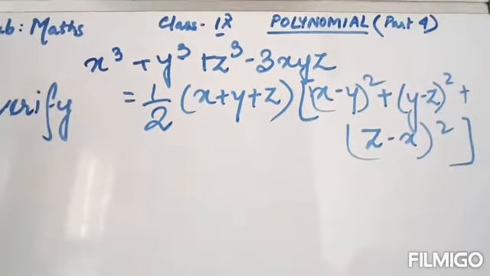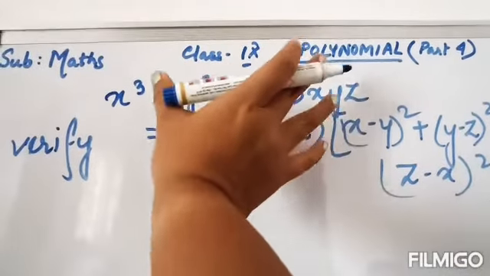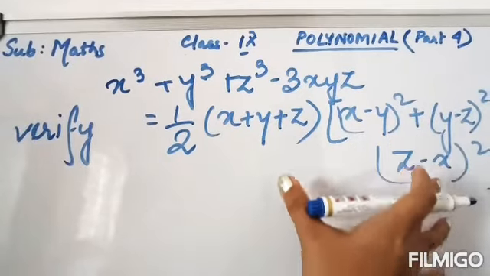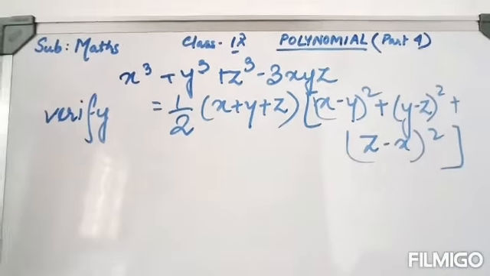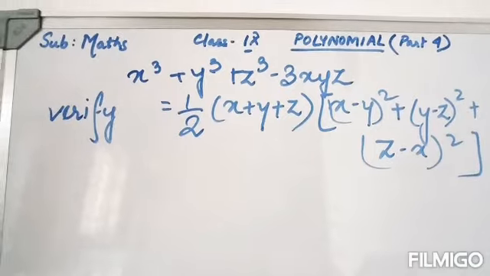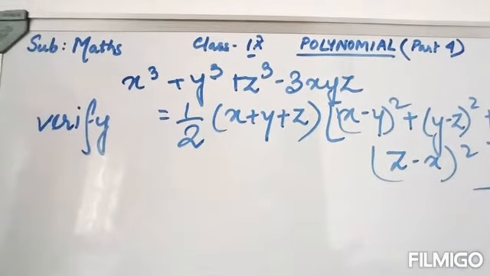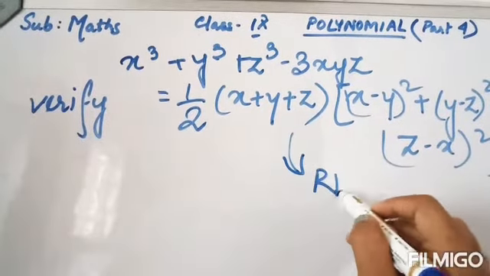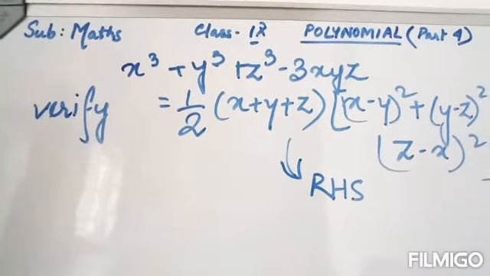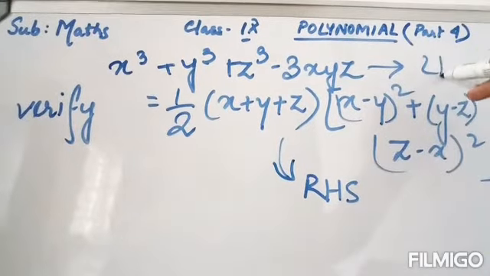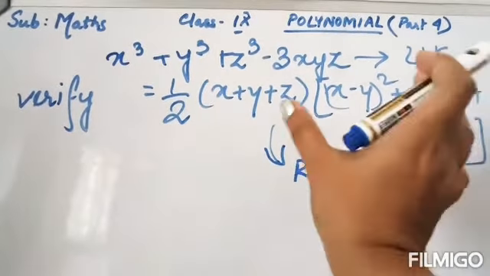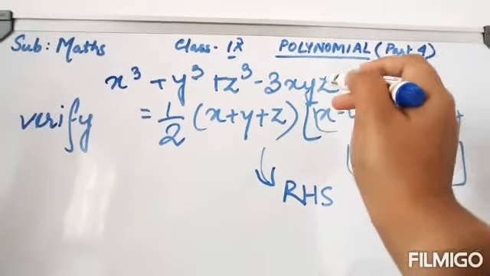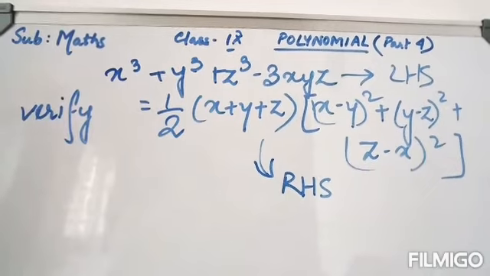Your question is to verify this expression is equal to this. Whenever this type of question is there, always divide the sum. You take this as RHS, the right hand side, and take this as LHS, and we'll solve RHS separately and try to get whether we are getting LHS or not. So let's see.